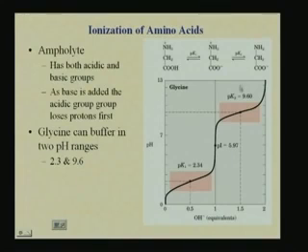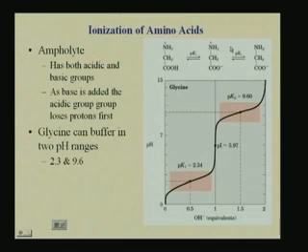Now, I keep on going with the titration. Then when I come to this point, what do I have? I have equal amounts of this form, which is now my A minus, and my HA, which is this, because now this is my acid, which has this additional H plus added to it.